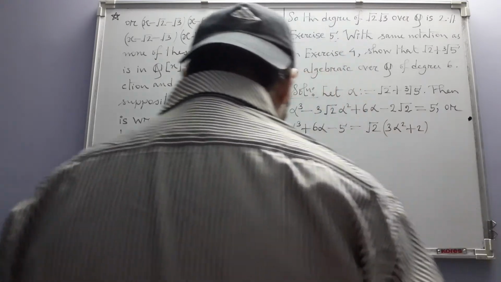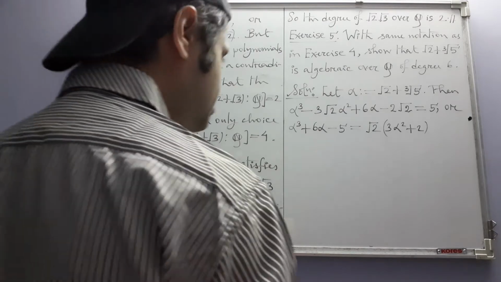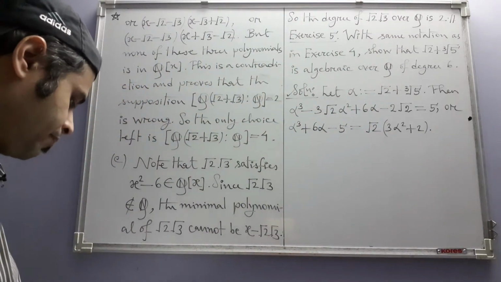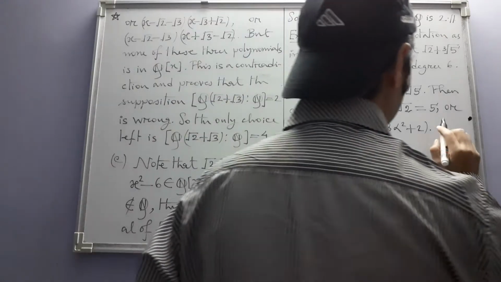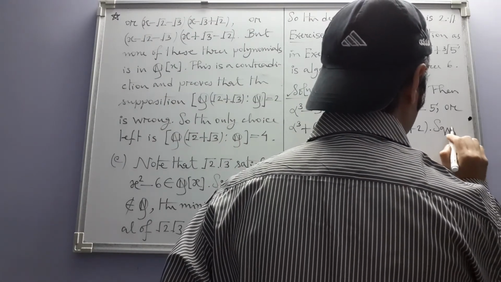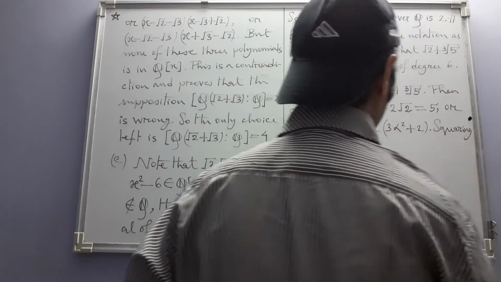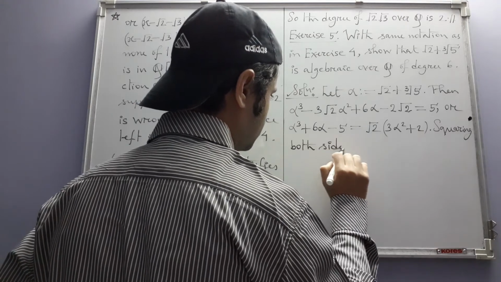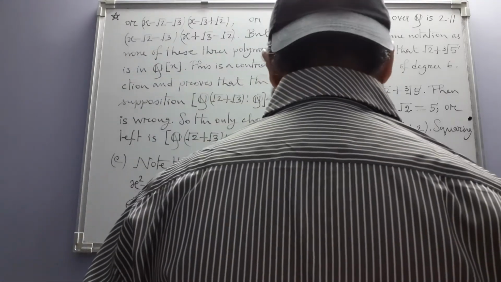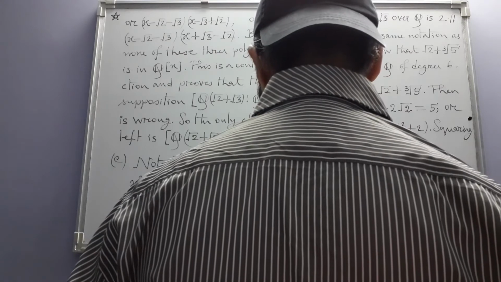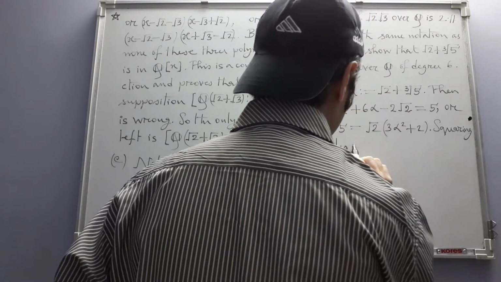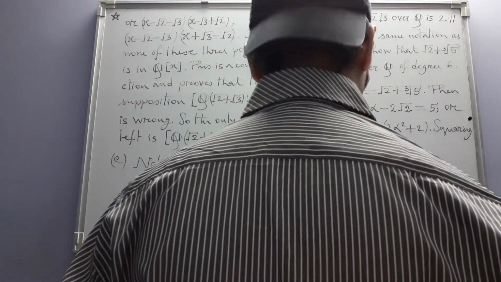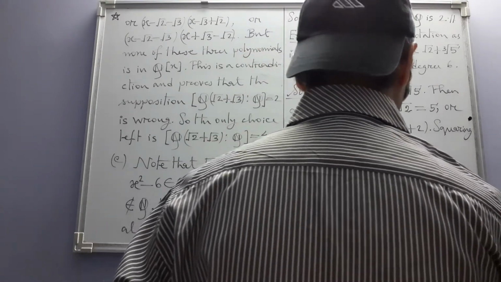Also in the next line it's written correctly, so that is just a small error. Okay, now squaring both sides, we get the next expression.